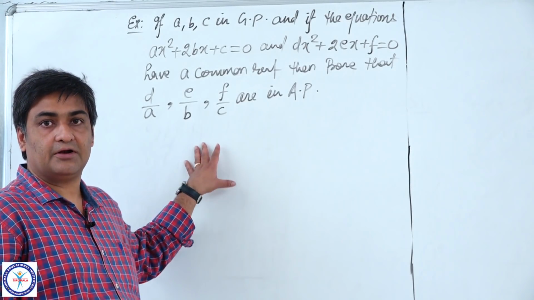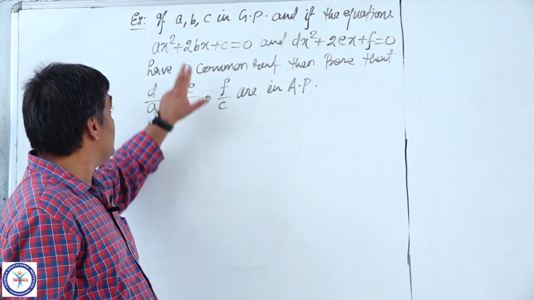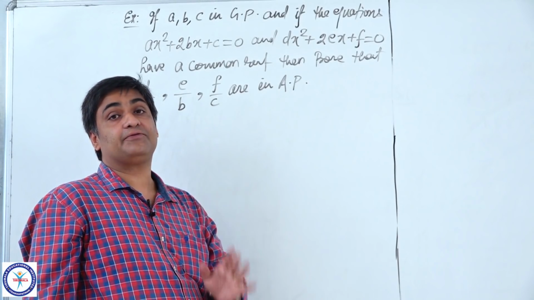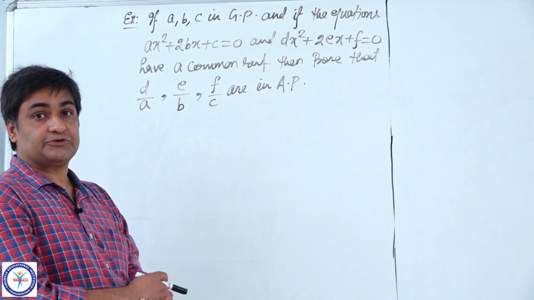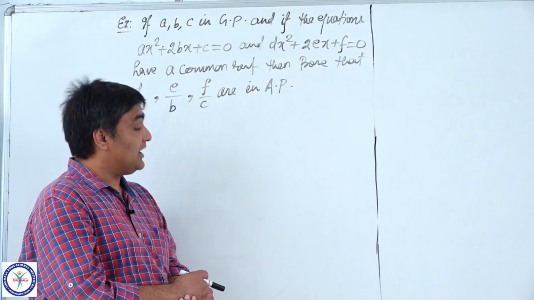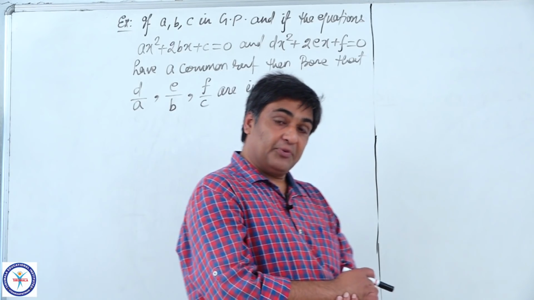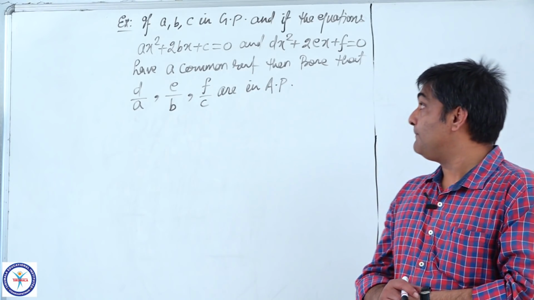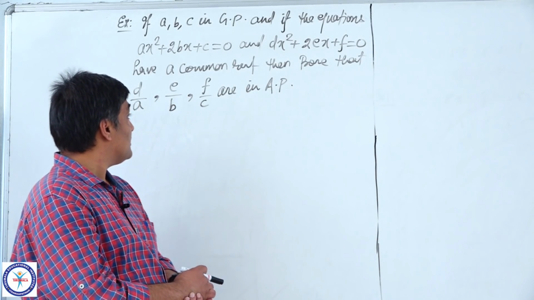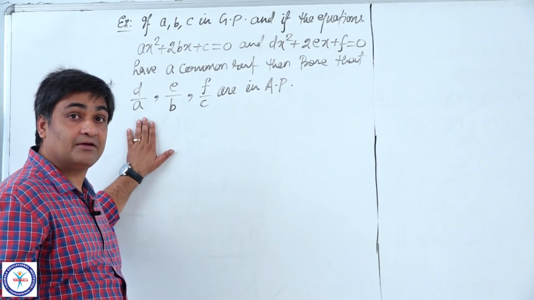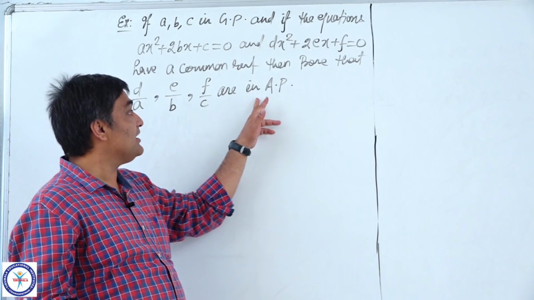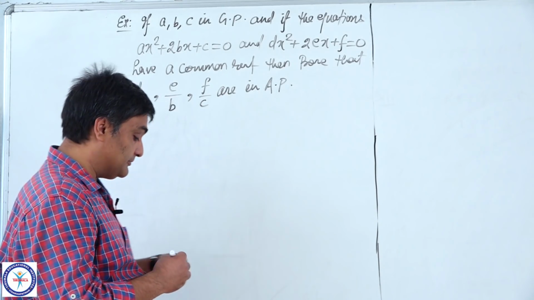Now here I have written another example. If a, b, c are in GP and if the equations ax square plus 2bx plus c equal to 0 and dx square plus 2ex plus f equal to 0 have a common root, then we have to prove that d by a, e by b, f by c are in AP, arithmetic progression.